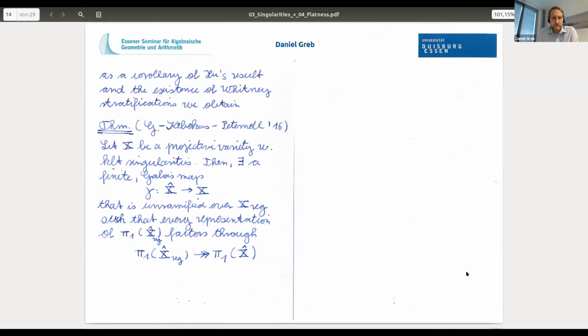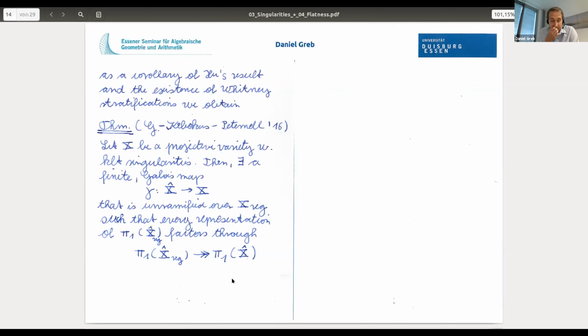Yeah? So if you take a projective variety with KLT singularities, then you have a finite Galois map gamma from X hat to X, unramified over the smooth part, which is what we call quasi-étale, such that every representation, so up here the difference has vanished, every representation of the fundamental group of the regular part upstairs factors through the representation of the fundamental group of the whole space.